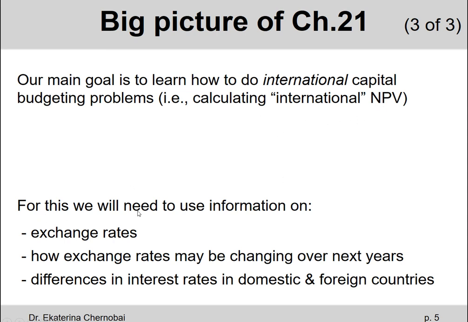For this, we will need to learn how to read exchange rates, figure out what makes exchange rates change, and be able to figure out future exchange rates over the years of our overseas project.